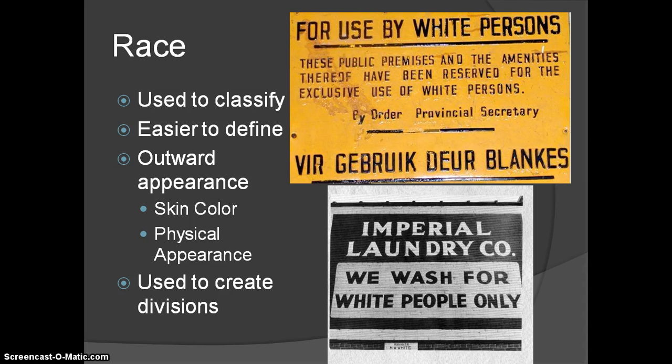But just like ethnicity, race is often used to classify groups of people for a variety of different reasons. If you think about the U.S. Census Bureau, it uses race in order to classify groups of people where they're living, and so you can get an idea of the distribution of groups of people in the United States. When we look at school data, we break our students down by race to see how different groups within the school are performing.